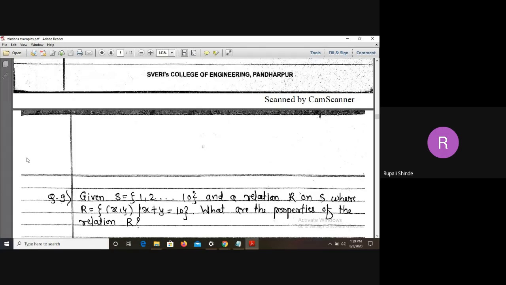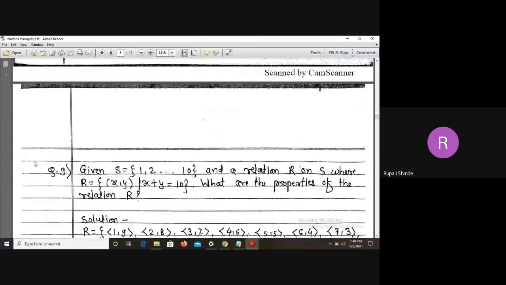Correct. 3, 7, 7, 3. Then 4, 6 and 6, 4. Any other order pair? 5, 5. Yes, 5, 5. So all these order pairs we can include in relation R.